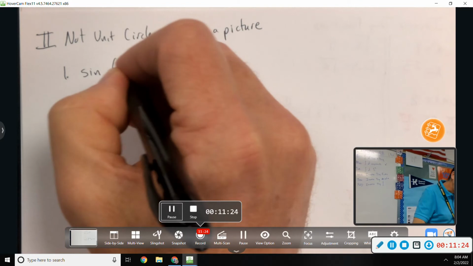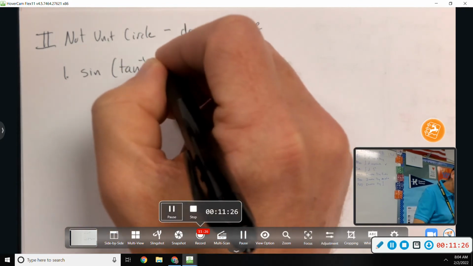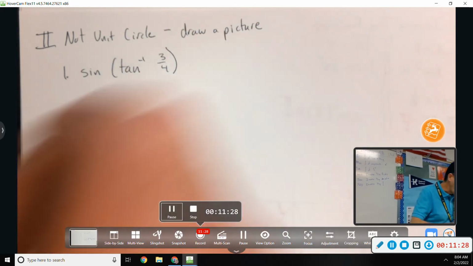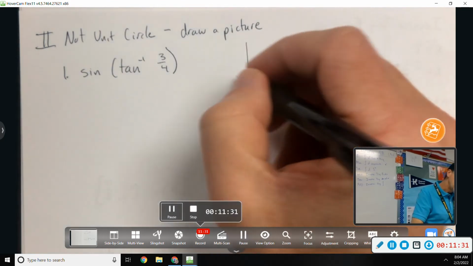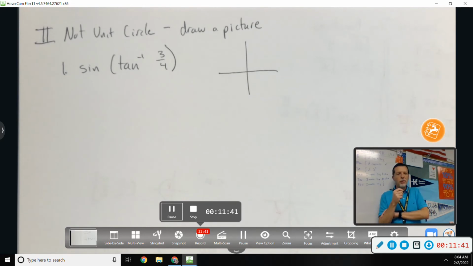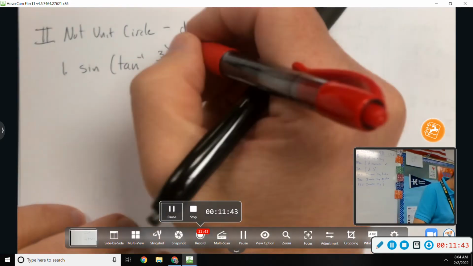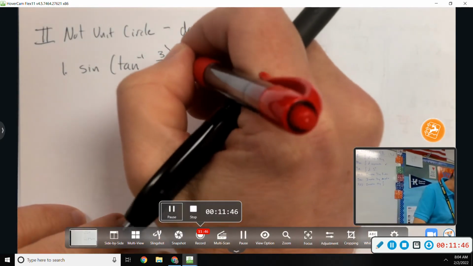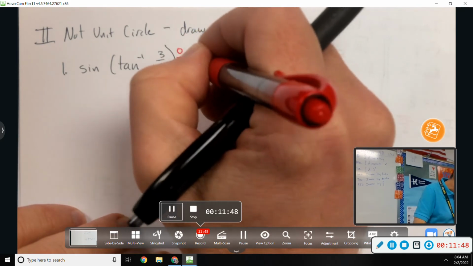The sine of the inverse tangent of 3/4. Inverse tangent of 3/4. Okay, that's not a unit circle value, right? There's no angle whose tangent is 3/4. But I do know that tangent is opposite over adjacent, or y over x.